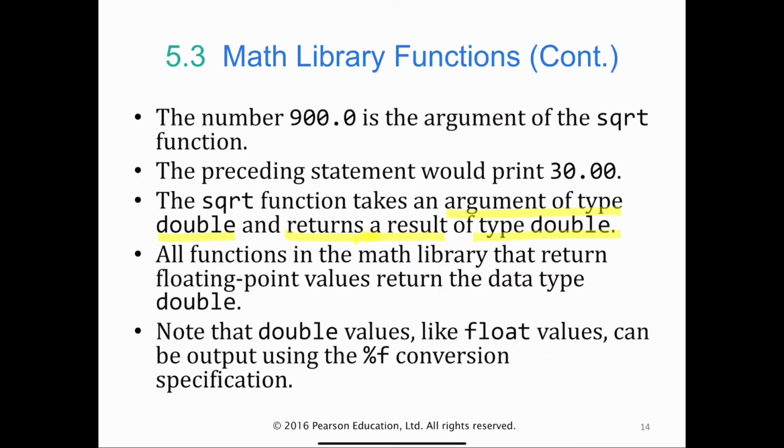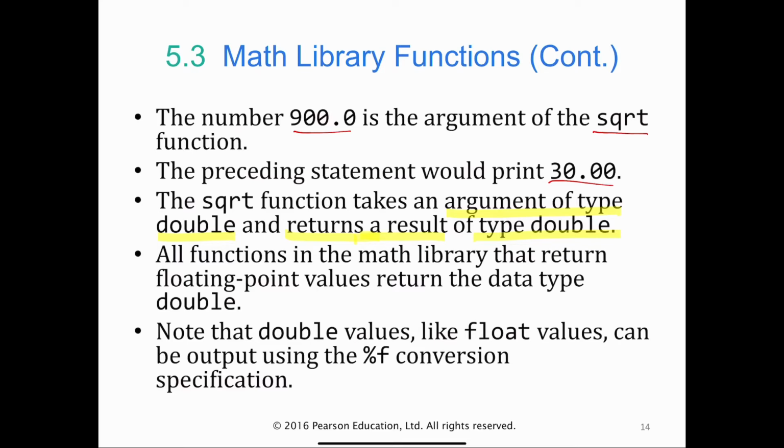In this case, 900 is the argument to the square root function. And like I said, for this particular example, the square root function will return the floating point value 30. More specifically, the square root function does not take an argument of type float, but of type double.